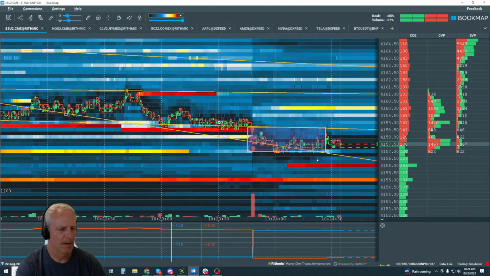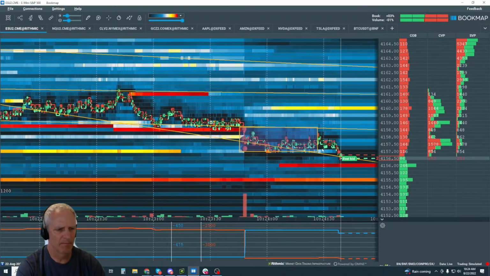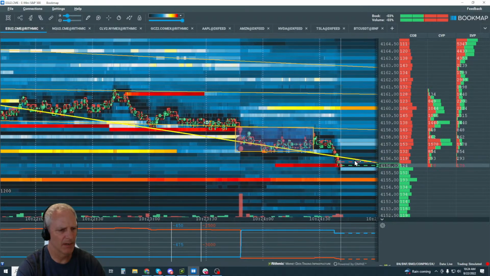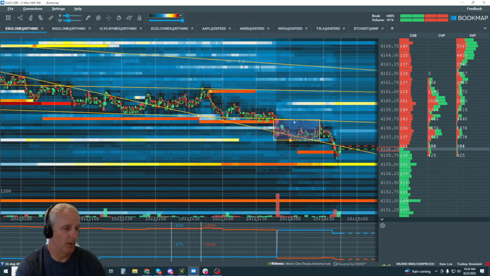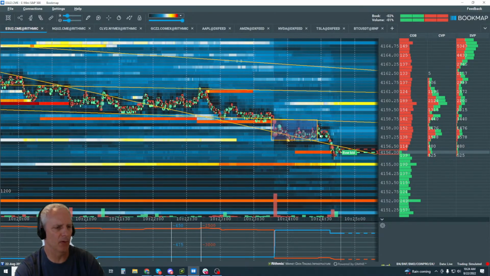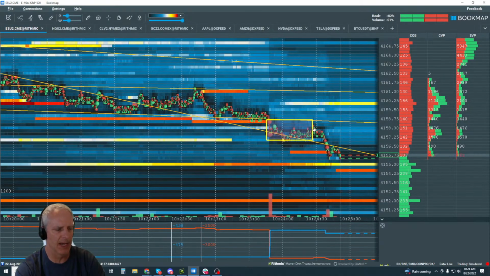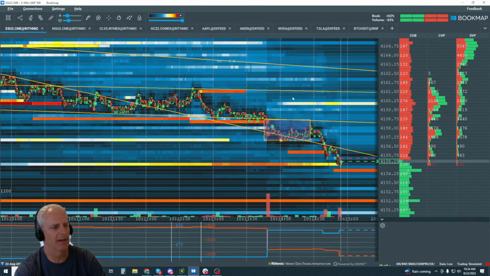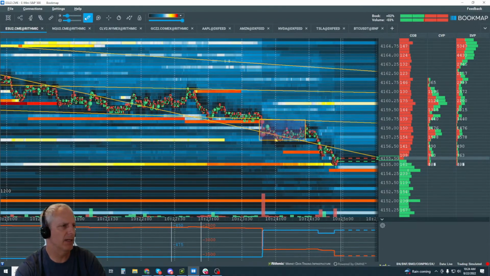Okay, not much right now. Still sell side here, still sell side. I mean, it broke down here, and you would not be buy side in here yet. You wouldn't look for that, right? You'd have to see those big dots here.